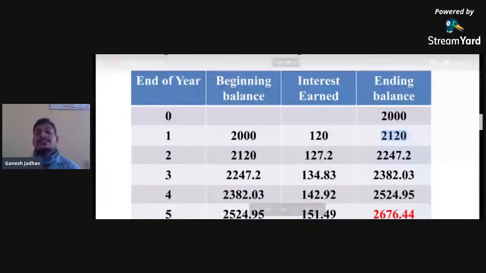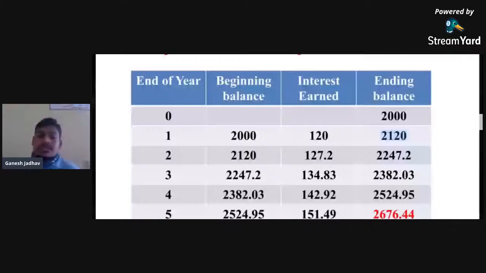Okay, the beginning balance is 2120, and interest is counted on this particular amount. But in simple interest, you calculate the interest only on the 2000 rupees, while in compound interest you calculate the interest on the 2120 rupees.